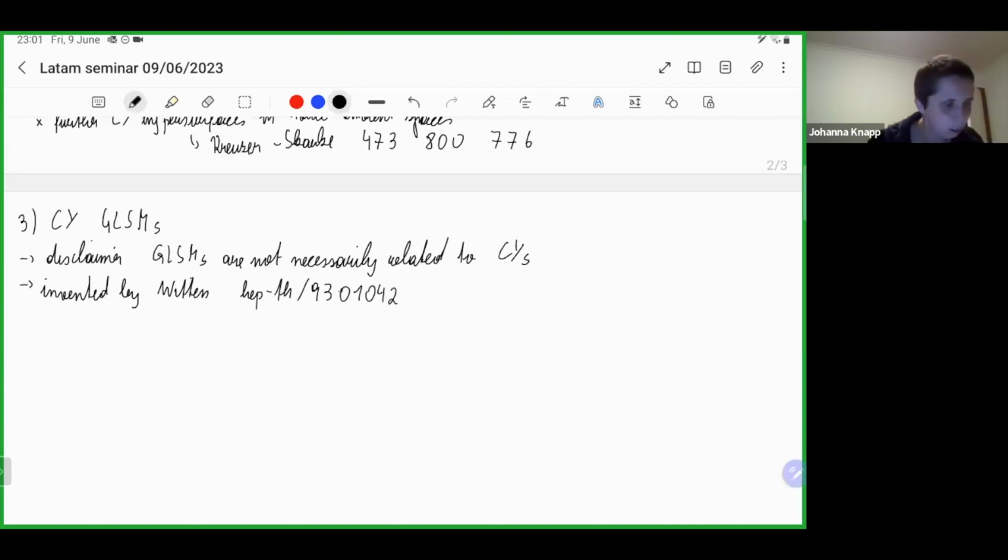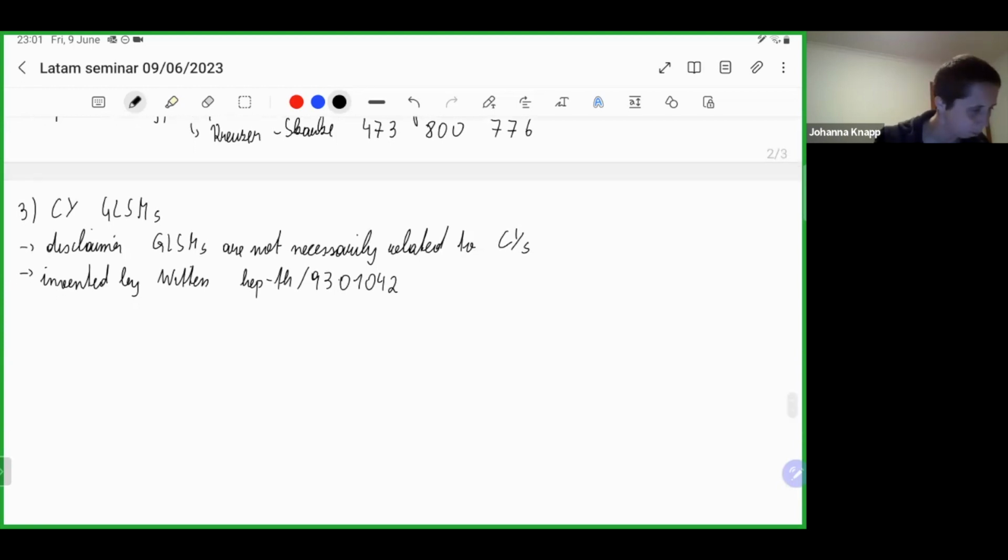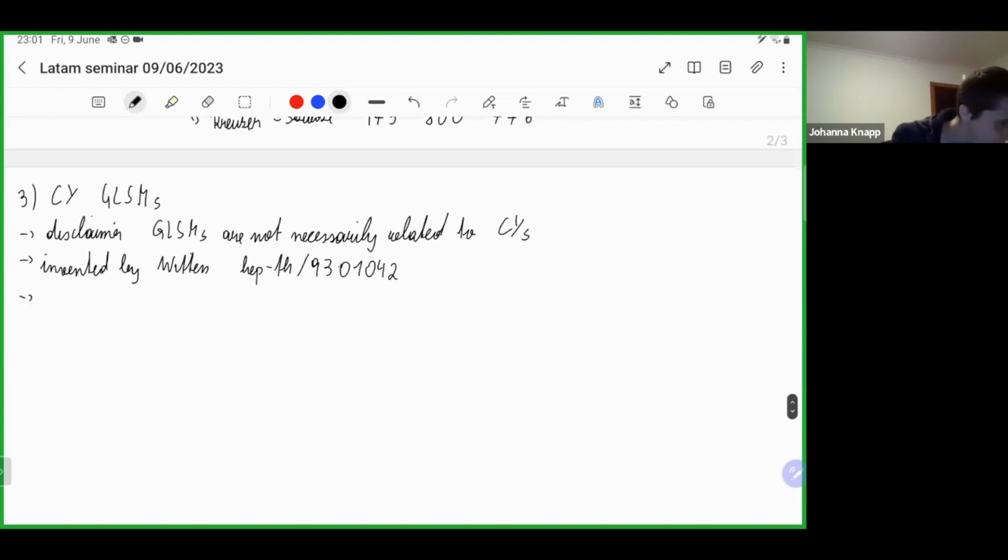The GLSM recently had its 30th birthday, and I just came back from a birthday conference at the Simons Center that happened 2 weeks ago, where we celebrated 30 years of GLSMs. I can really recommend these papers, like all of Witten's papers, they're just great.